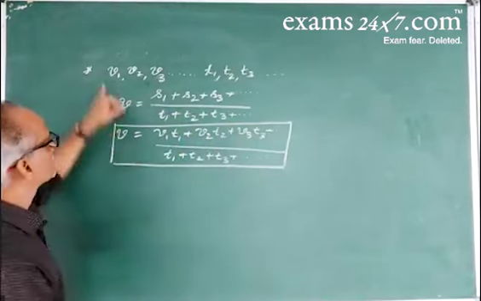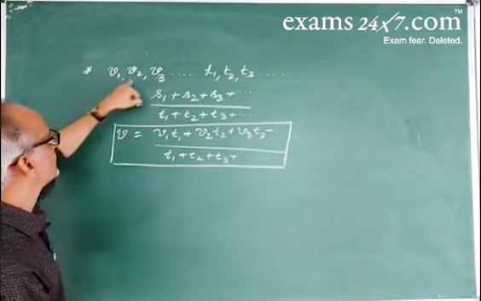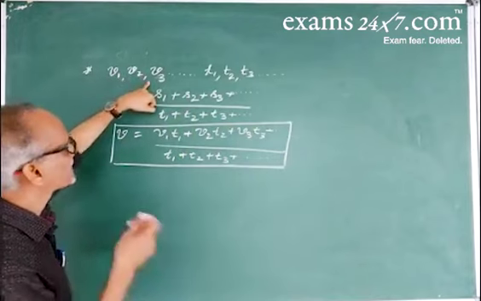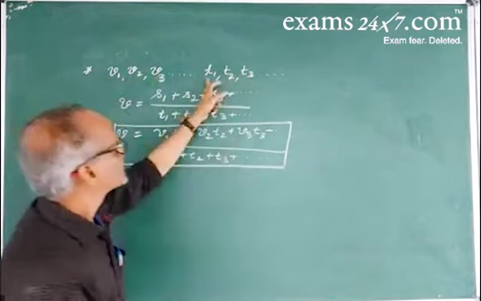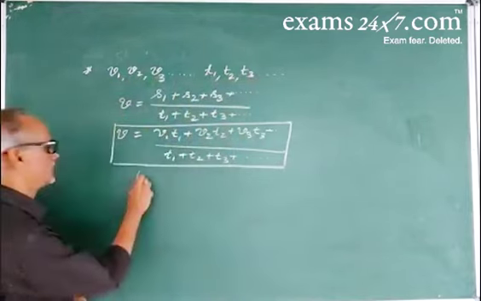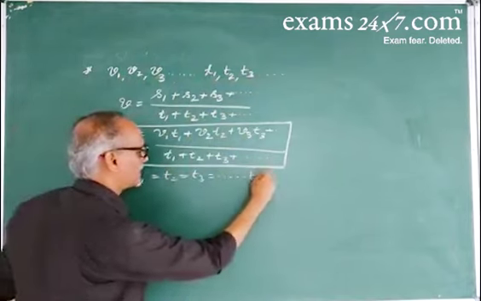Now, if the body moves along a straight line with the speeds v1, v2, v3, and if it covers them in equal intervals of time, then t1 is equal to t2 is equal to t3 and so on. That I'm going to take as t.